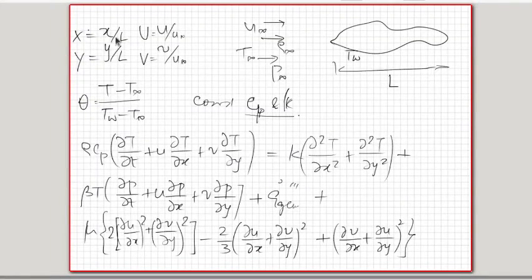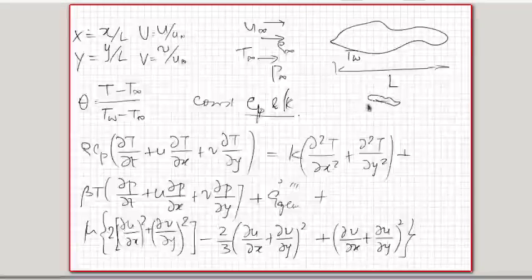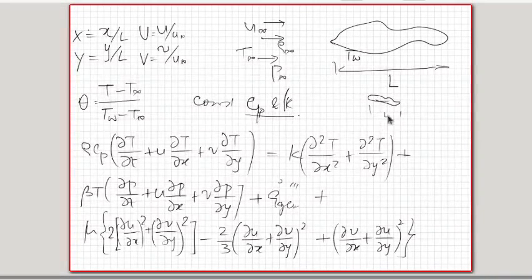So each of these terms will be non-dimensional. The problem can then be used for objects of any dimension which are similar to each other. So suppose I have, for example, a small object of the same shape whose length is shorter than this, and a longer object whose length is this, the same results will be applicable to both.